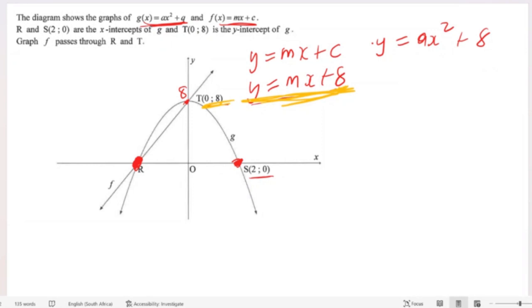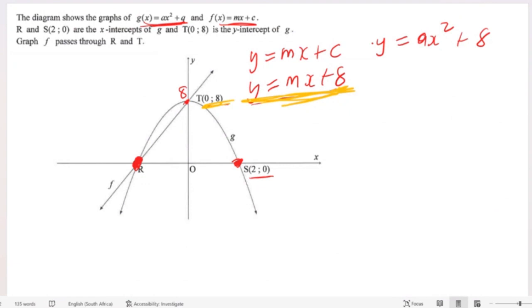Let's substitute the coordinates 2 and 0. If we substitute those coordinates, our y for the parabola is going to be 0.